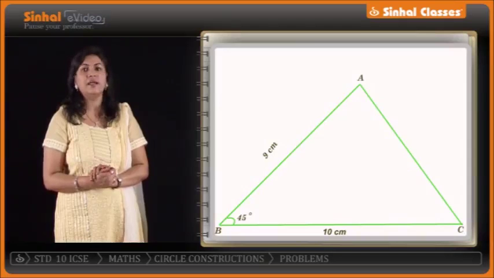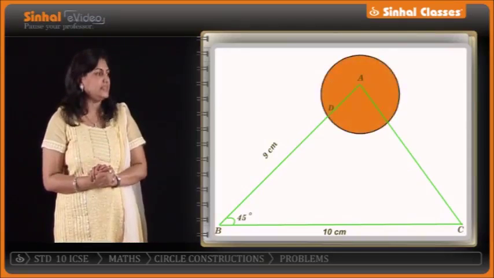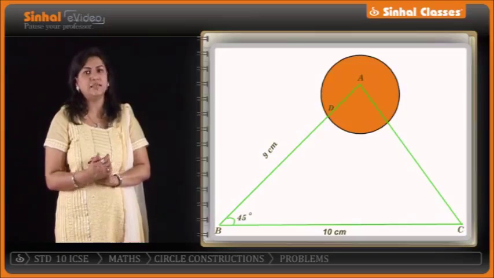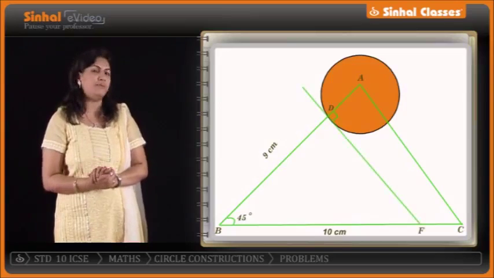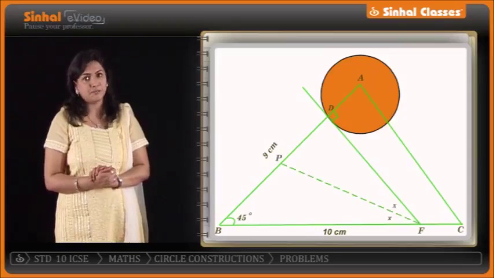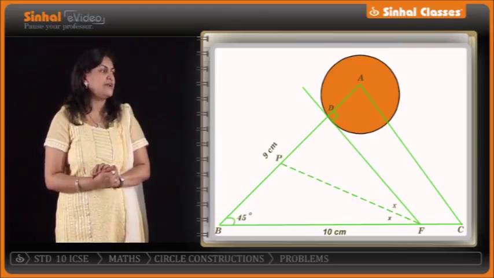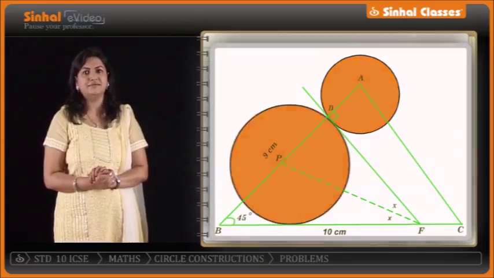Draw a circle meeting AB at the point D. Draw a tangent at D to the circle with center A to meet BC at F. Now draw the angular bisector of angle BFD to meet BD at P. Now with P as center and PD as the radius, draw the required circle.